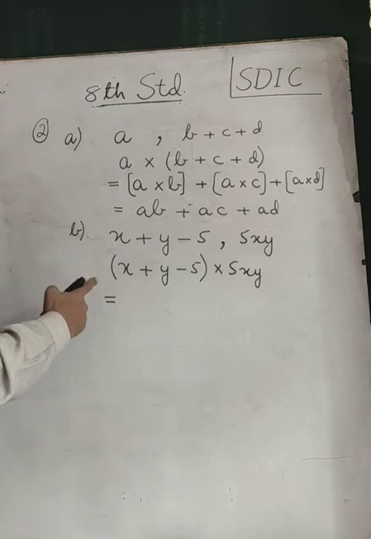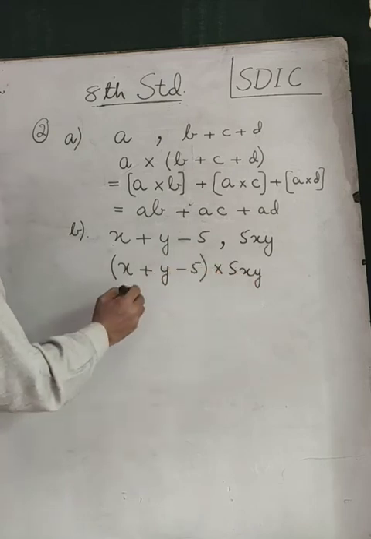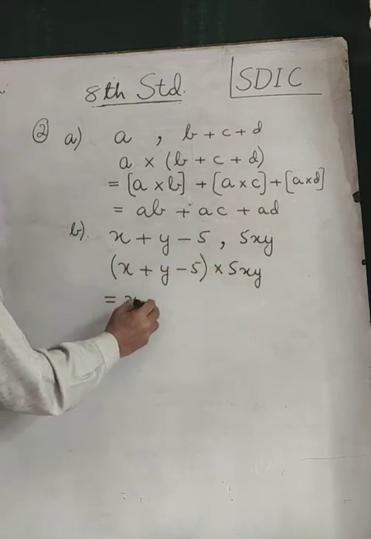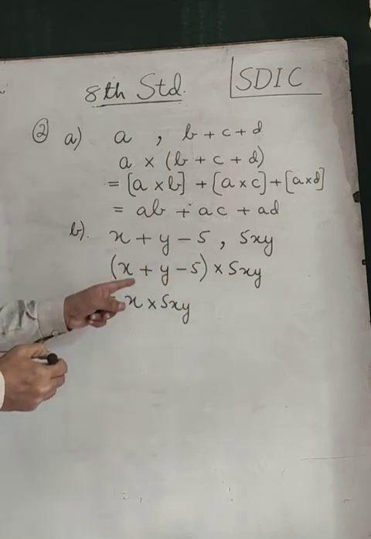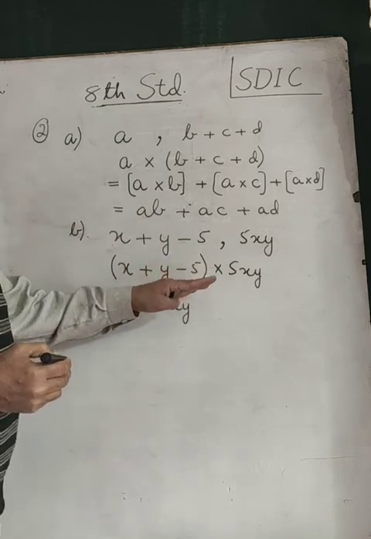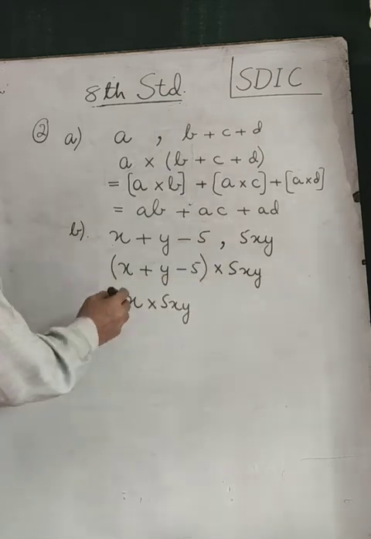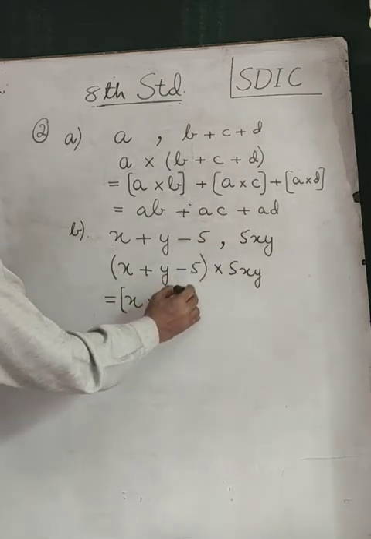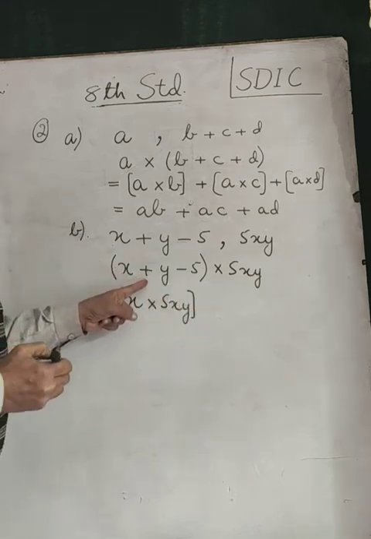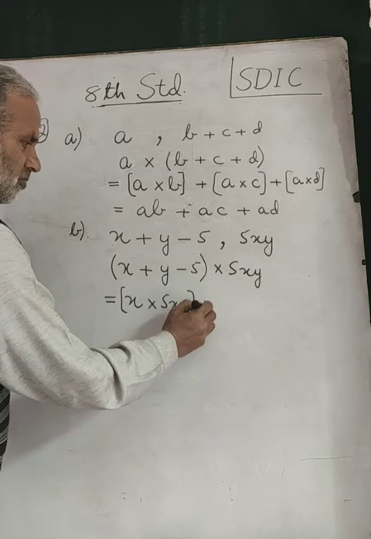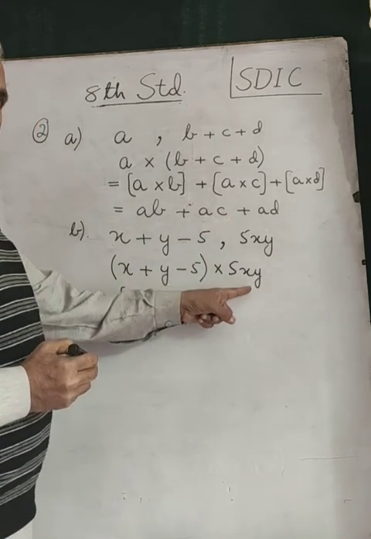What will be the first part? First term of the trinomial multiplied by the monomial. It will be x multiplied by 5xy. Since there are 3 terms, therefore this question will be divided into 3 parts. And this will be the first part. First term multiplied by the monomial, this will be put in the first long bracket. Then followed by plus sign, so we'll have plus sign here. Next we multiply second term by the monomial.